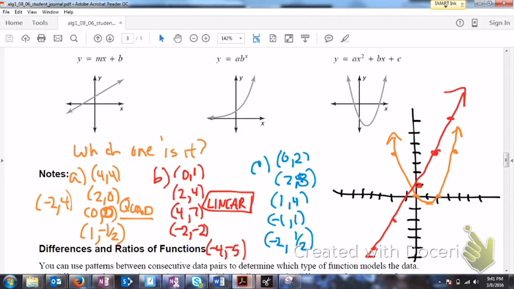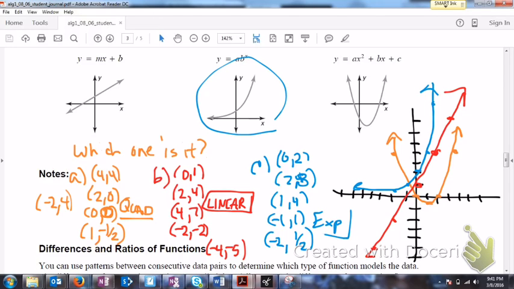Well, let's graph them. (0, 2), right about there. (1, 4), right about here. Skipped one. Gotta do (2, 8), way up here. (-1, 1) and (-2, 1/2). What happens if I connect those? That is exponential. As you can see right here, that one is exponential.